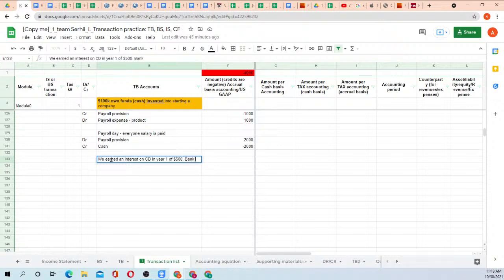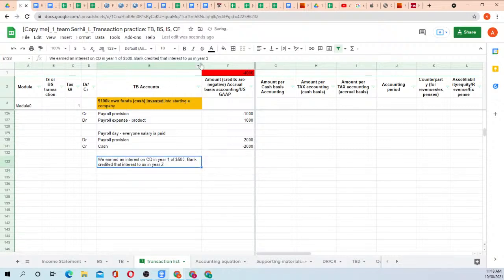Bank credited that interest to us in year 2. And we withdraw interest in year 3.